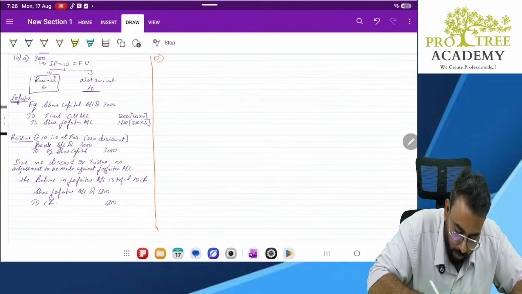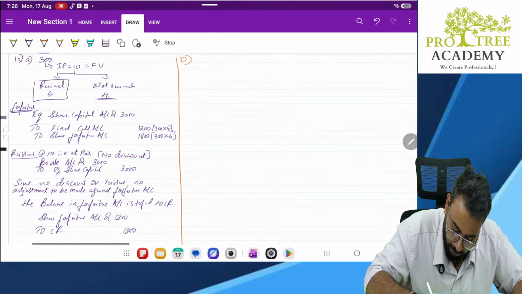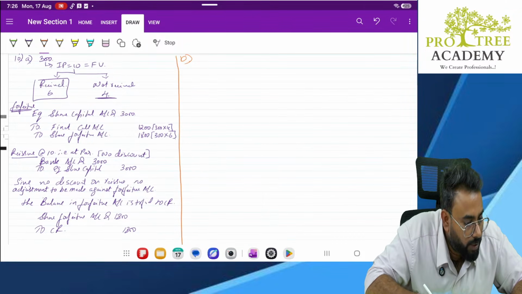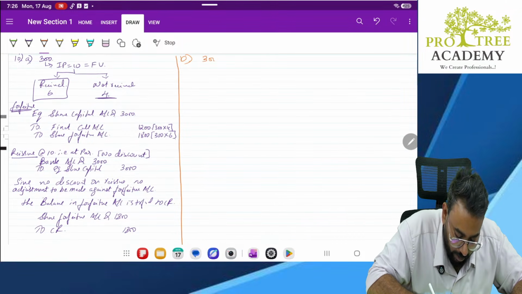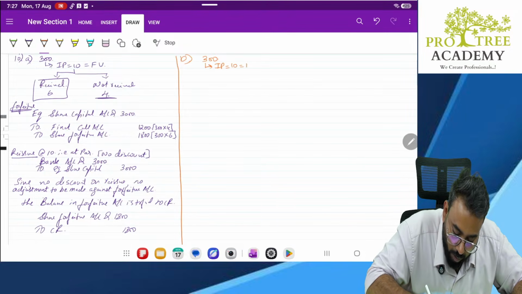Case 2. Shares forfeited 300. Issue price is 10, face value also 10.